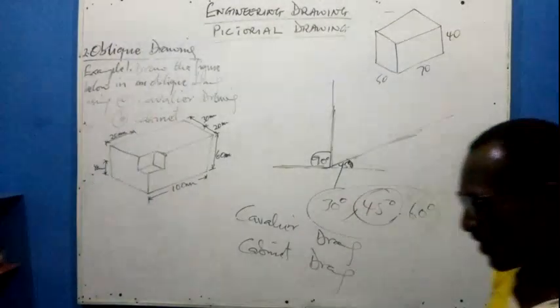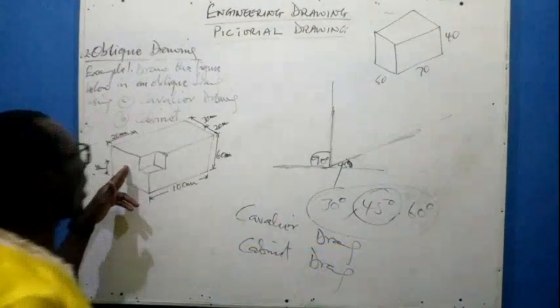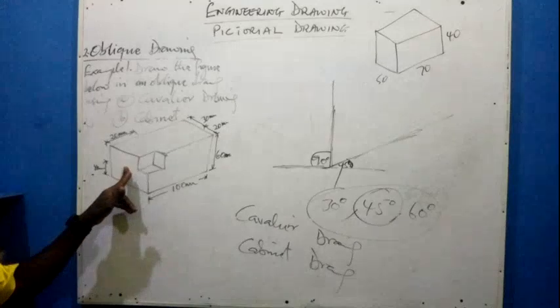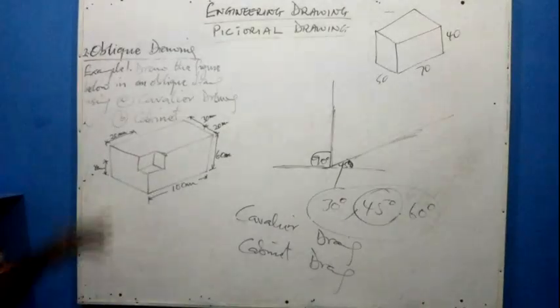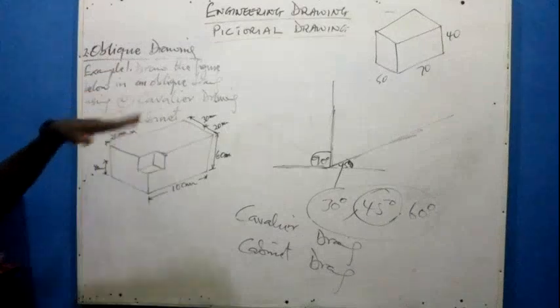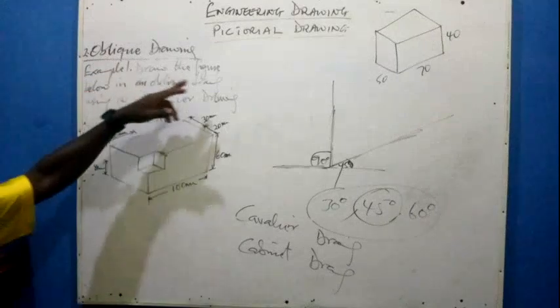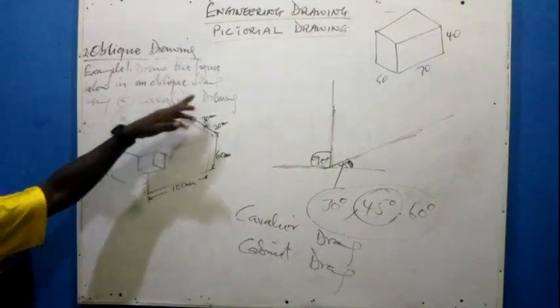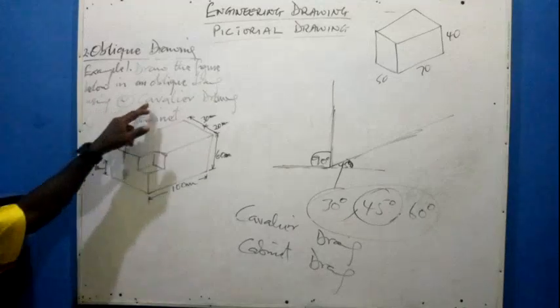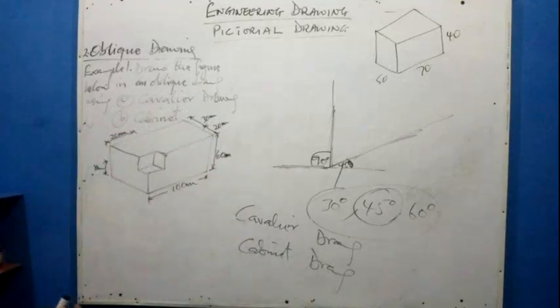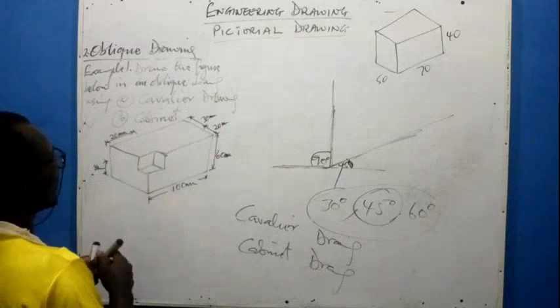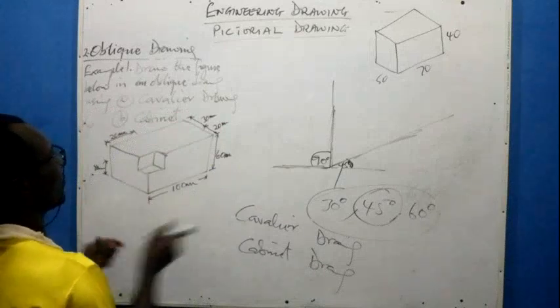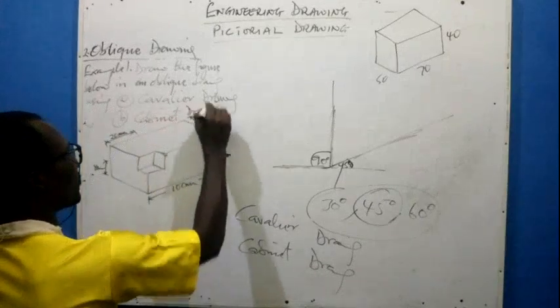Let's use this figure and see how you go about producing the cabinet and the Cavalier. Now I say oblique drawing, example 1. Draw the figure below in an oblique drawing using A, Cavalier drawing, B, cabinet drawing.